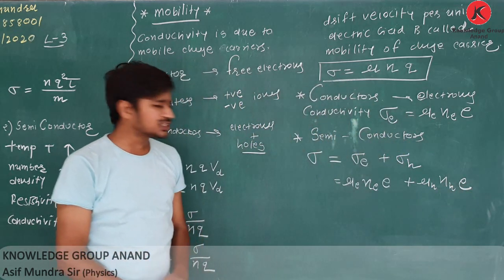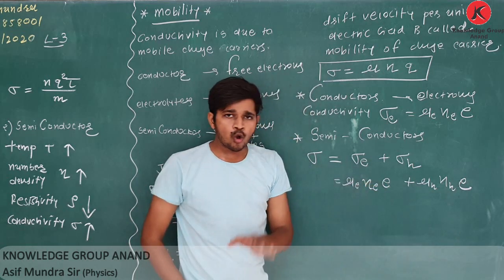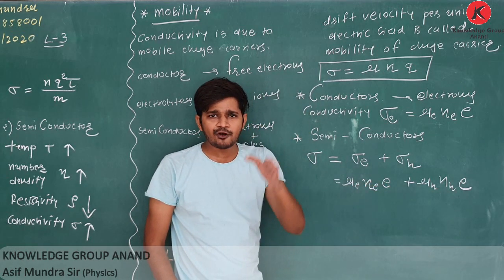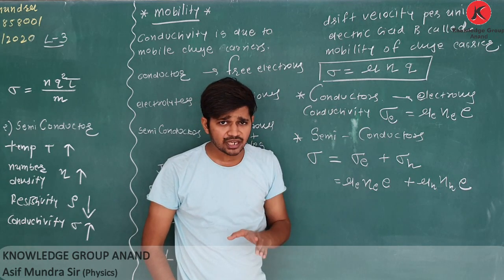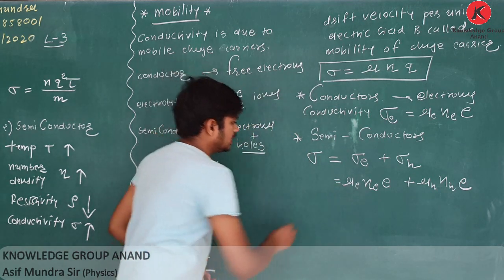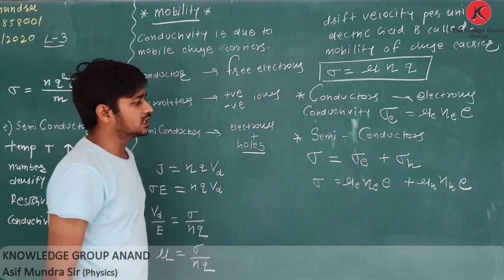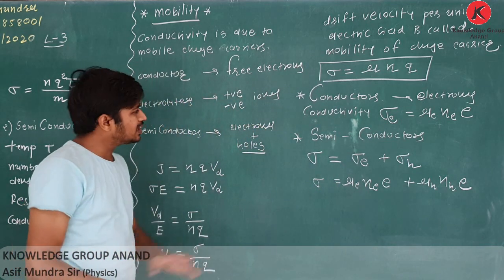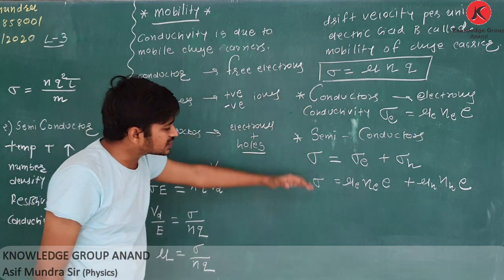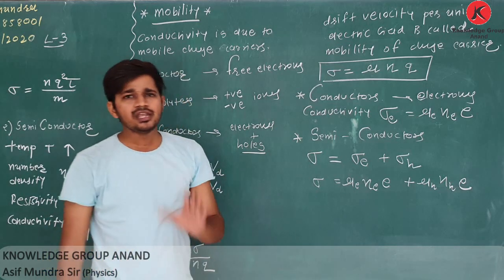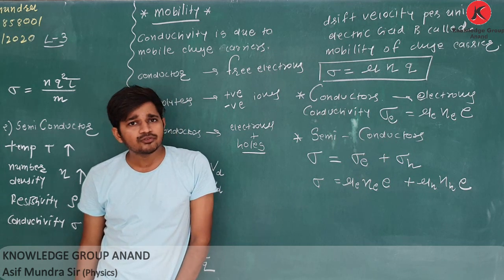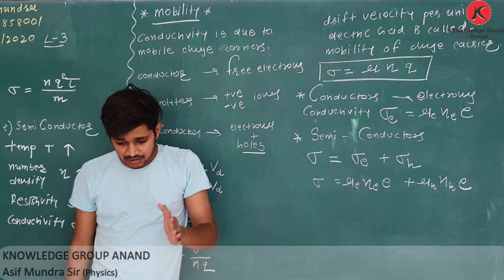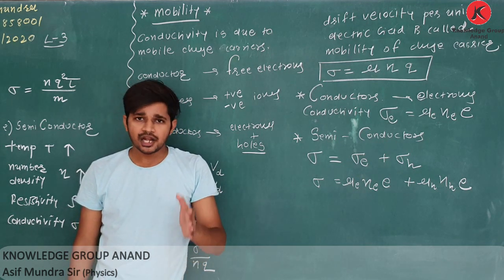Now you may ask one question, sir, why it is e? Hole is nothing but deficiency of electron. That we will study in the next chapter. So here it is sigma, conductivity of conductors. For different material, for conductor it is conductivity, for semiconductor it is conductivity in case of mobility. Clear about this? Okay, students, pause your video and write down.